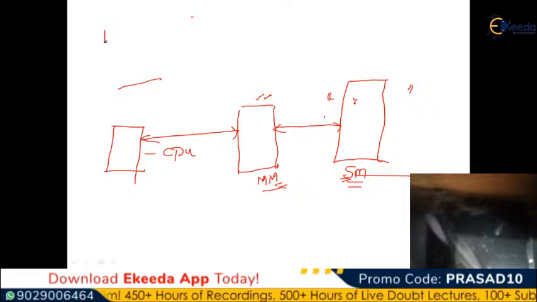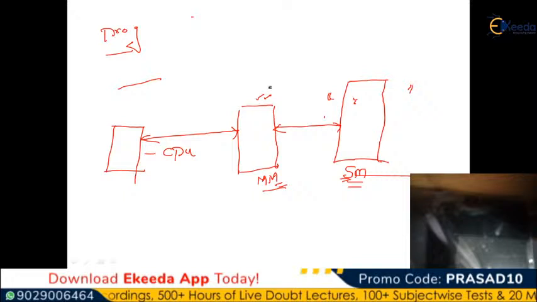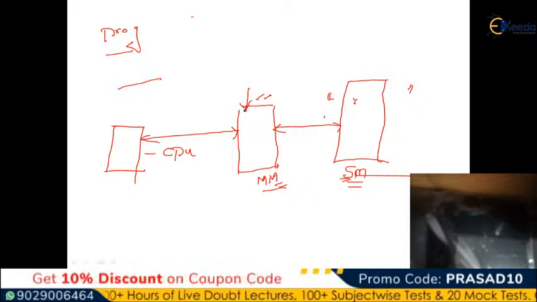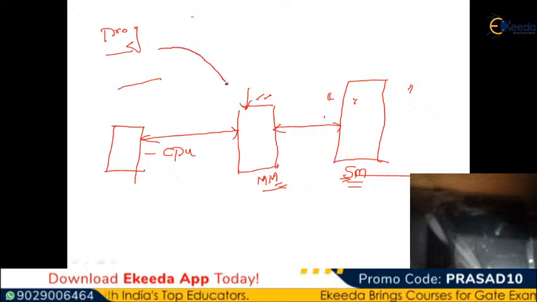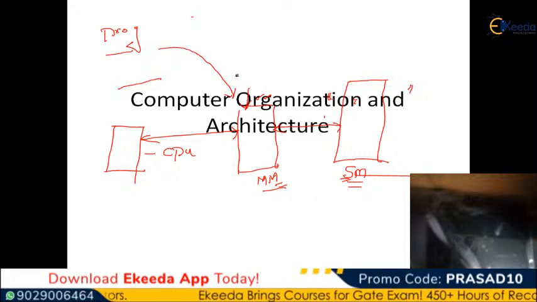When a programmer writes a program, this program must be made available in the main memory only. Once the program has been loaded into the main memory, it will be executed by the CPU. So the basic fundamental rule for a program to be executed is that, first of all, the program must be made available in main memory.